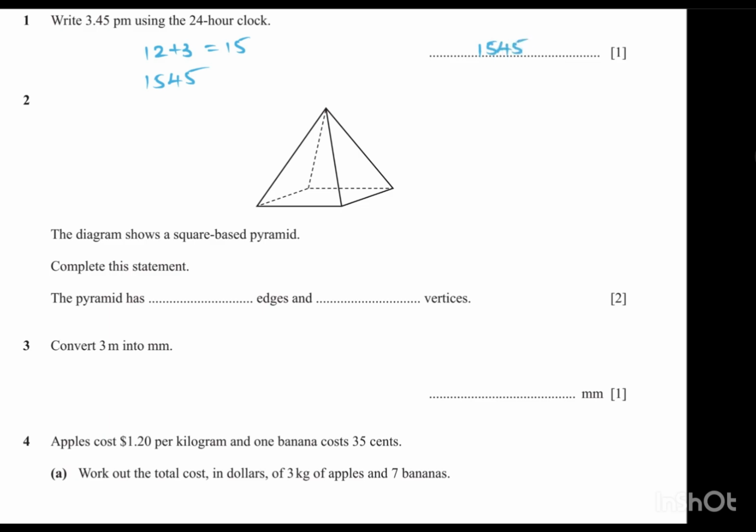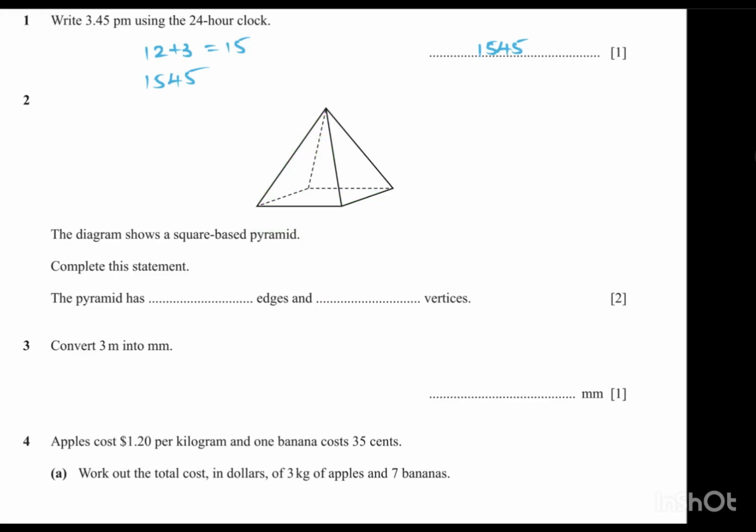Question number 2. The diagram shows a square base pyramid. Complete this statement. The pyramid has dash edges and dash vertices. So edges are those lines where two faces meet. If I take the edges, it is like 1, 2, 3, 4, and 1, 2, 3, 4, the last one, the backside one.